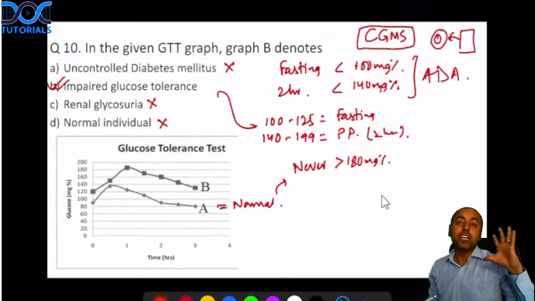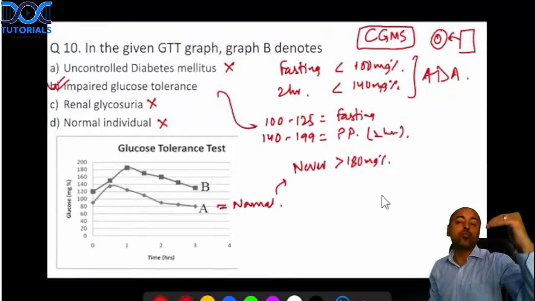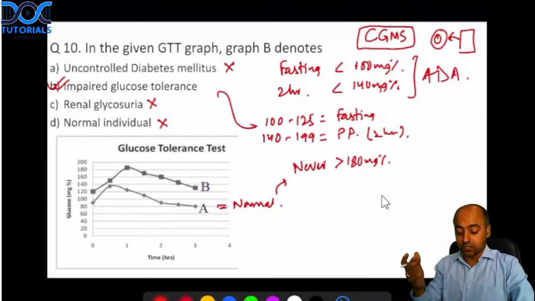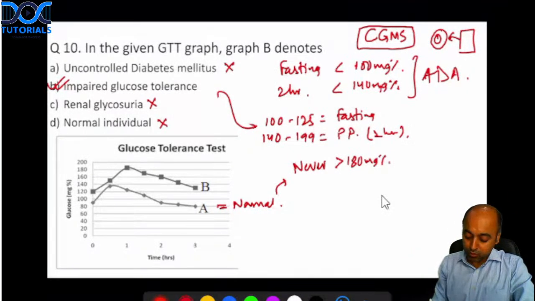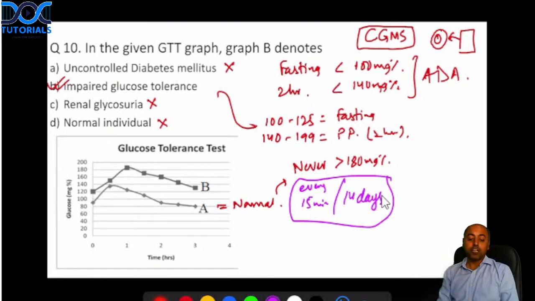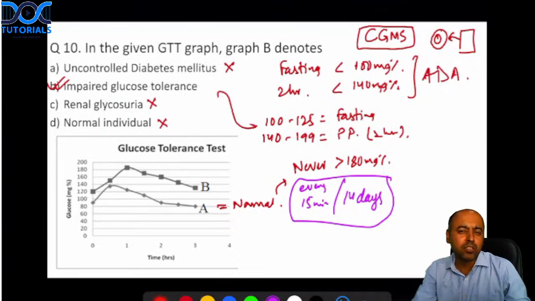It will give you a very clear-cut picture of the fluctuation in blood glucose over 24 hours, for 7 days, for 14 days. So it measures the values every 15 minutes for 14 days. In India, the available version is from one of the multinational companies, Abbott.